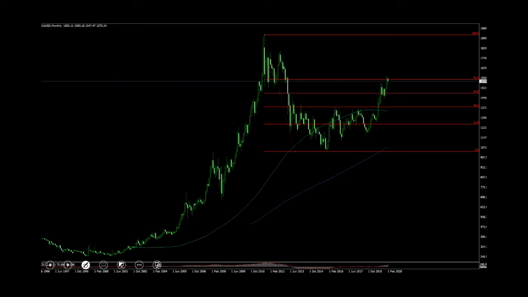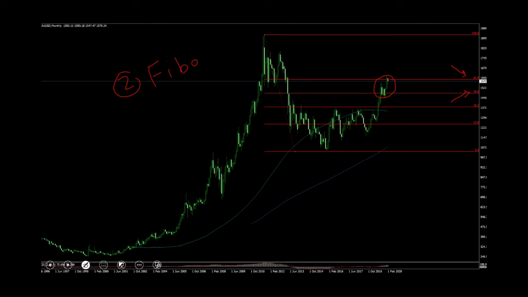Reason number 2 is the famous Fibonacci levels. As you can see over here in the monthly chart, gold is currently fluctuating between the 61.8% and the 50% Fibonacci levels. This is a very good area, a major resistance area for gold.